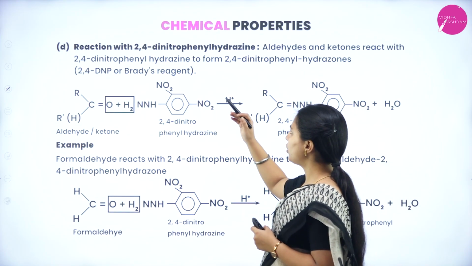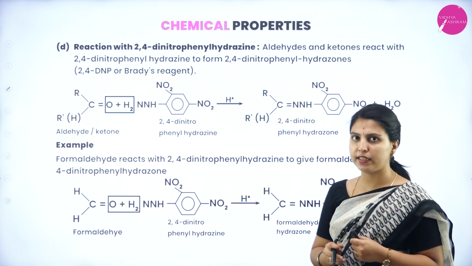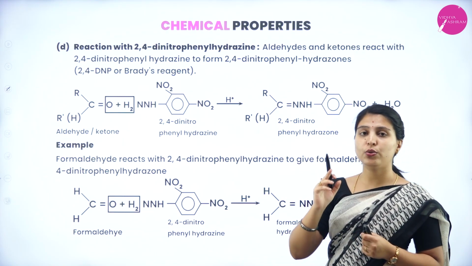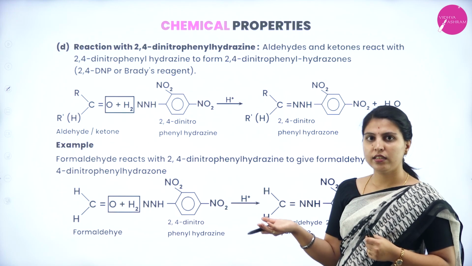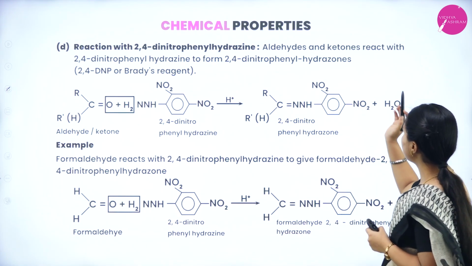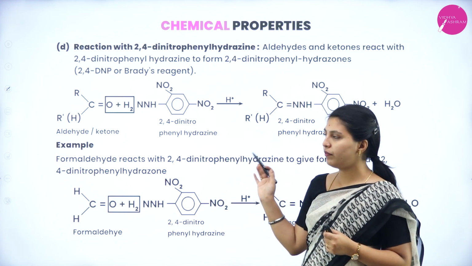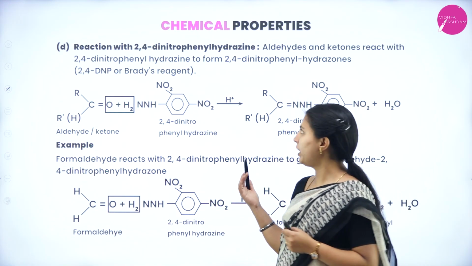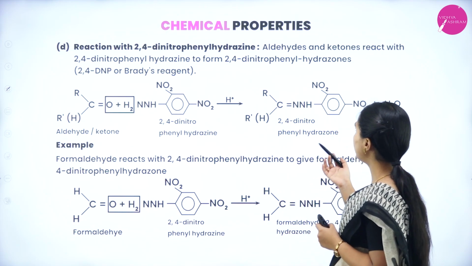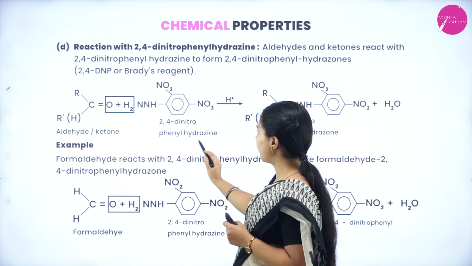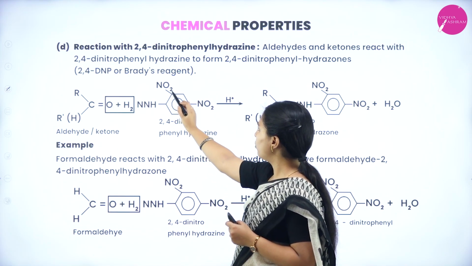Next, reaction with 2,4 dinitrophenylhydrazine. This 2,4 dinitrophenylhydrazine is used while doing organic salt analysis. Aldehydes and ketones react with 2,4 dinitrophenylhydrazine, also called 2,4 DNP, to form 2,4 dinitrophenylhydrazones. This is 2,4 dinitrophenylhydrazine, with nitro groups at positions 1, 2, 3, 4.